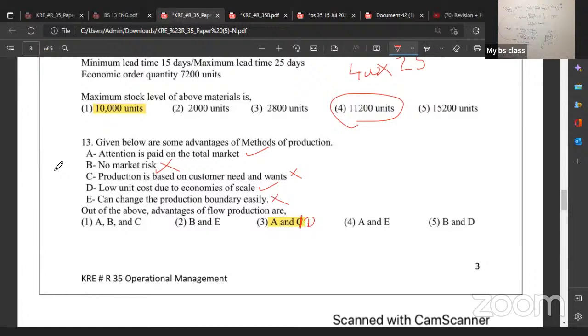If you understand that none of the provided options is the answer, come up with your own answer. But never take the incorrect one, because you can never say production is based on customer needs. That doesn't happen. You are not in a position to customize in flow production.